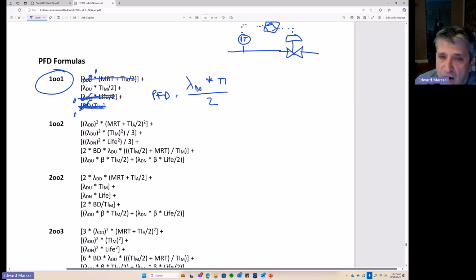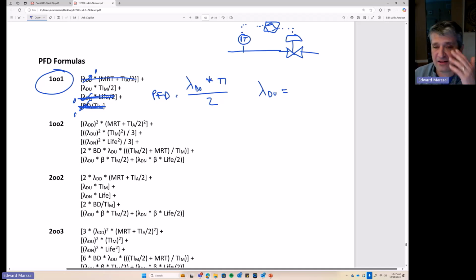transmitter and my valve. So when I get my lambda DU, it is going to come from some sort of database that talks about failures of the transmitter. So the random hardware failures are what you're looking at in your databases.